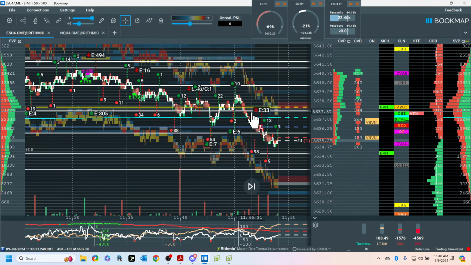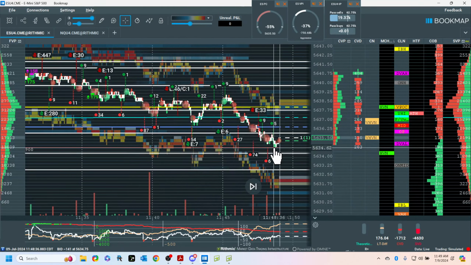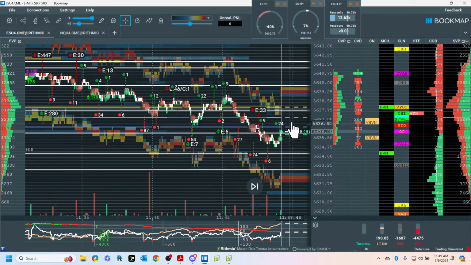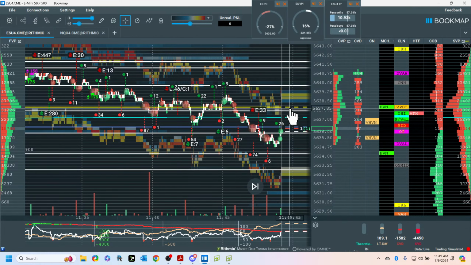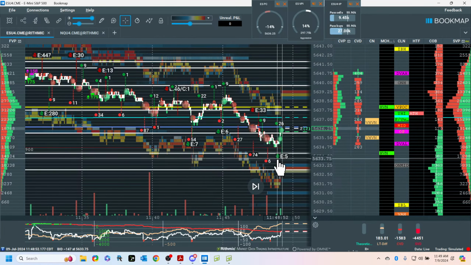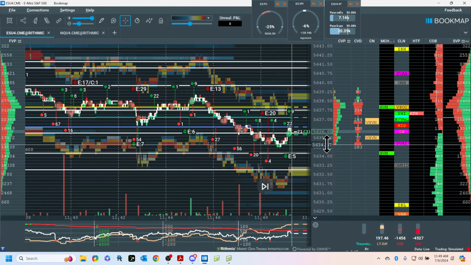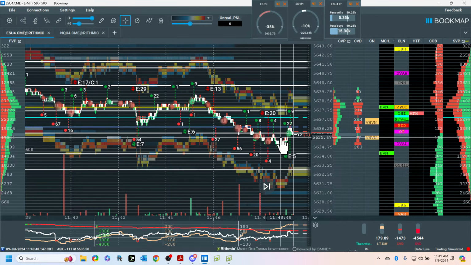Sellers take over again. Sellers. Now we're watching for what? I'm in an area. I'm outside. In mean reversion, this is where it is going to come from, some location. Right here, you could be right here. You got to watch that right there. Watch. And this trade could be over right here. Let's just see what it does.